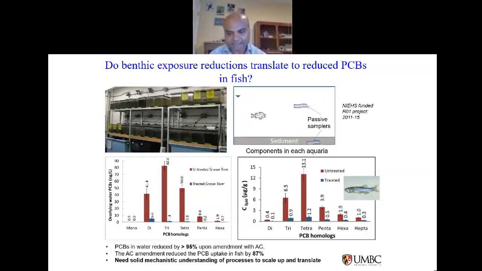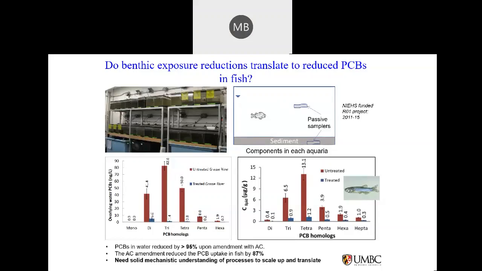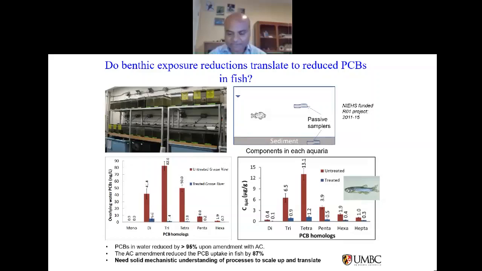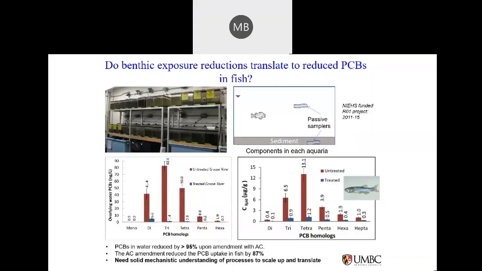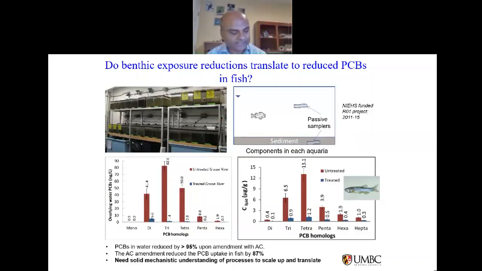In this case, concentrations in the fish were reduced by 87%. So that was great. It's not only happening at the base of the food web, but also impacting the pelagic fish, and these fish are ingesting some of these worms. They are also breathing the water, and overall exposure is coming down in the fish as well, which is great. Now we can do that in these aquaria settings in the lab.